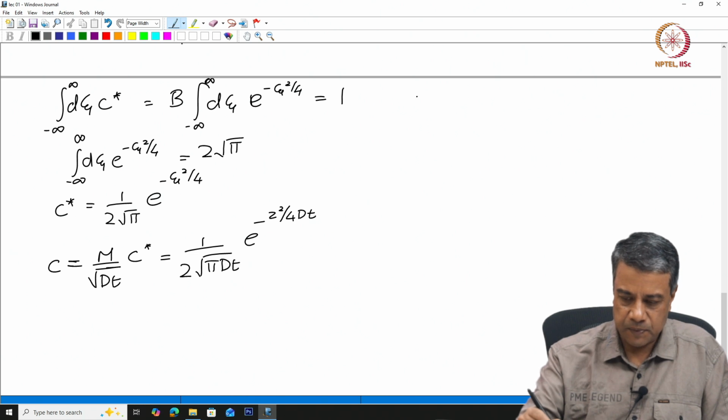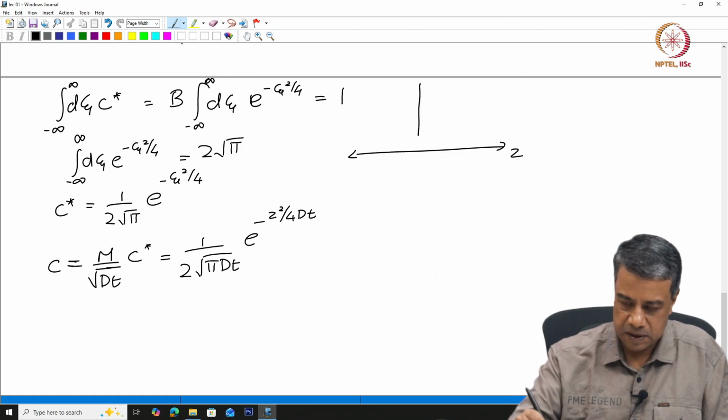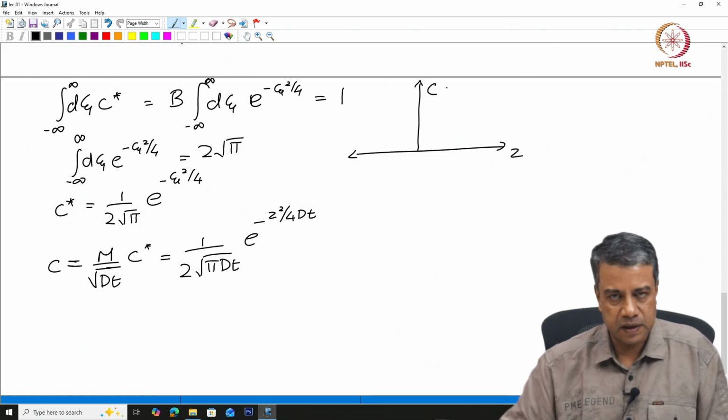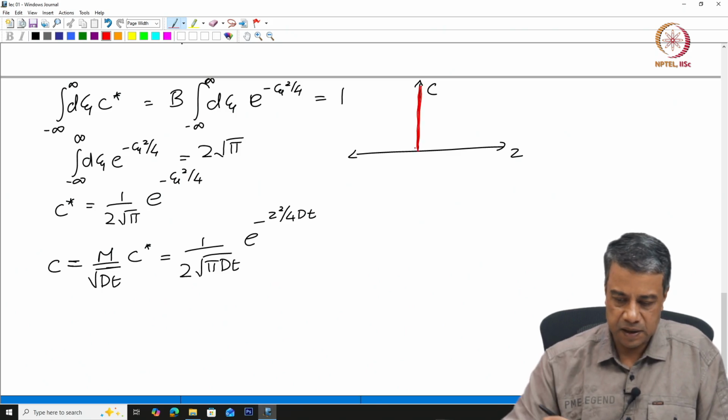So, if I plot it as a function of z, I'll put z on the horizontal axis and the concentration on the vertical axis. At initial time, you have the concentration all concentrated at this particular location. It's a delta function.